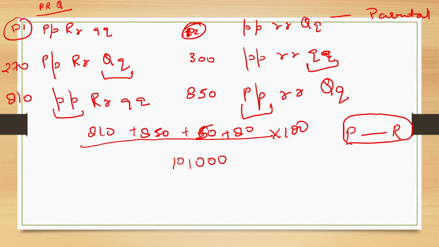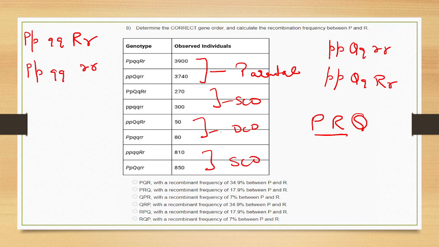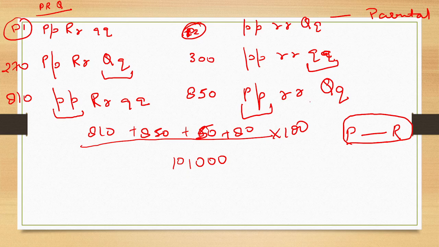The values for recombination in P were 850 plus 810, and for R, the double crossovers 50 and 80. If you sum up, the total will come as 10,000. When you calculate it, it will come approximately 17 point something percent. So like this it would come.